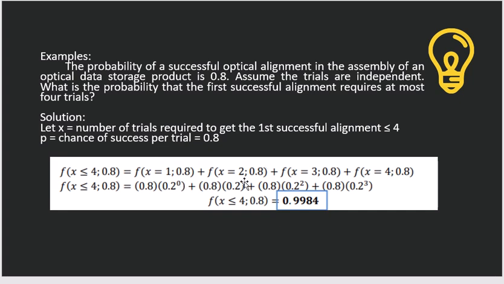Each of them is by a given 0.2, because 1 minus 0.08, so that means 0.92. But when you add them up, it is 0.8. So you're going to have f of x less than or equal to 4, given the chance of success per trial is 0.08, you're going to have 0.9984.